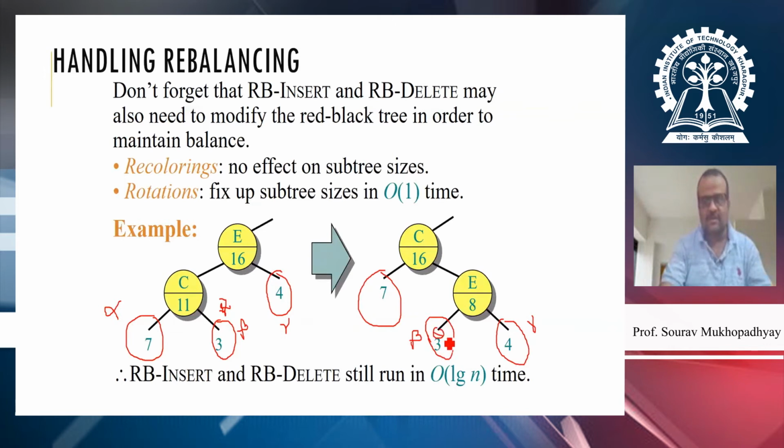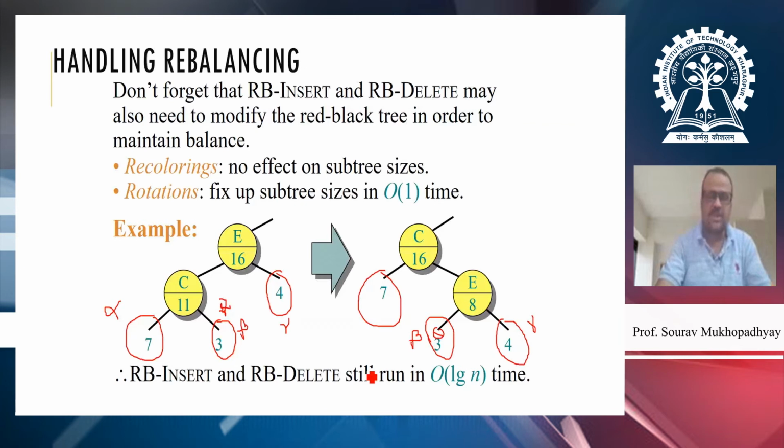This information we get from this node, and this is the size. So now what will be the size of this? Size of this will be size of left plus size of right plus 1. So this size is 3, so 3 plus 4 is 7, plus 1, 8. Similarly, size of left is alpha, number of elements is 7 over here, and 7 plus 1 is 15 plus. Is this your question?